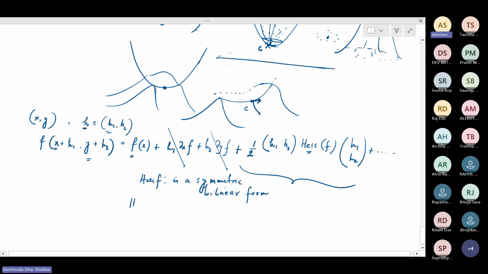So it's basically Hess of f evaluated at h comma h, which is basically this expression only. Now, of course, this expression may not be positive. It may be positive, it may be negative, depending on how you choose this h.